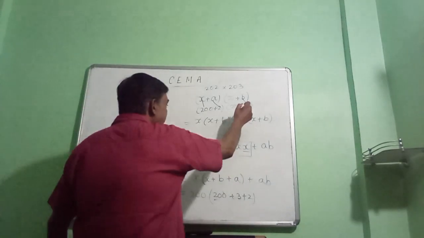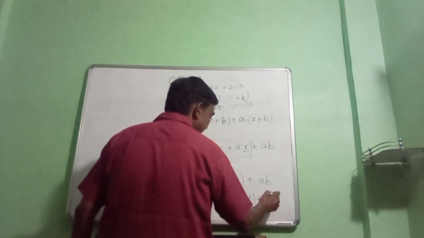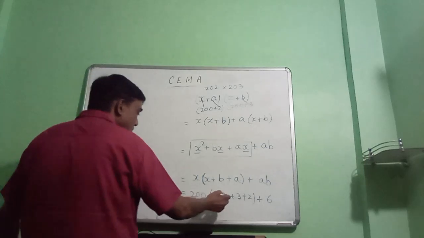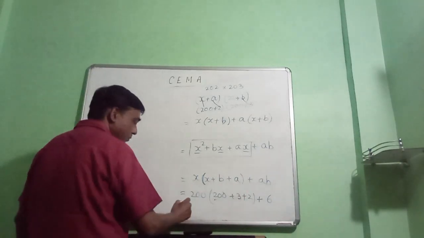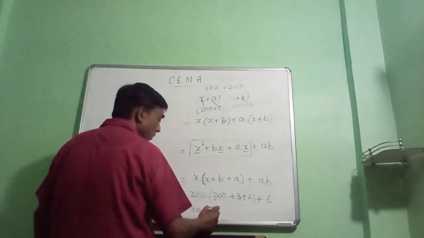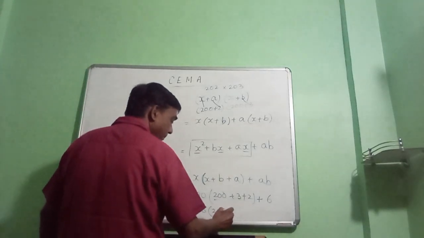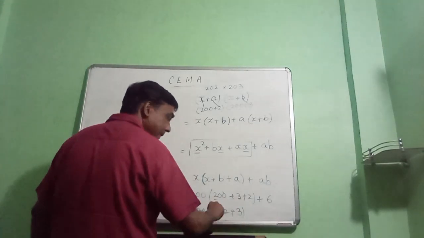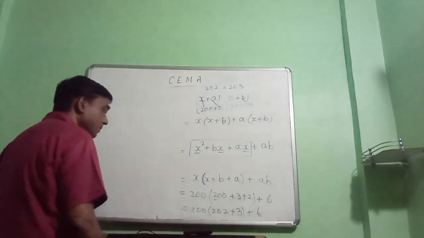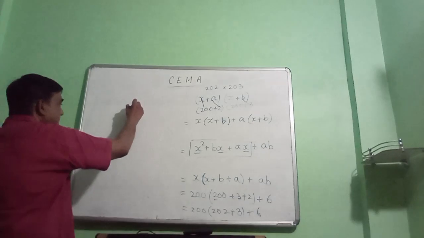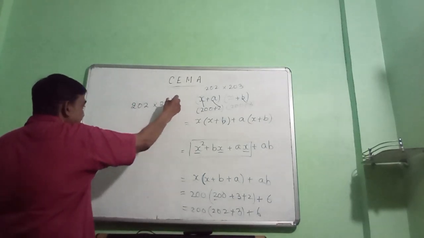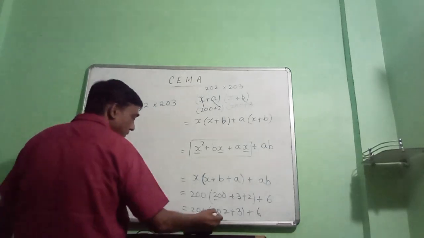And a into b is 3 into 2, 6. Okay, so this is 200 into 200 plus 3 plus 2. I can write this as 200 into 202 plus 3 or 203 plus 2, plus 6. Okay, so now when we were doing the problem yesterday, 202 multiplied by 203, what were we doing?